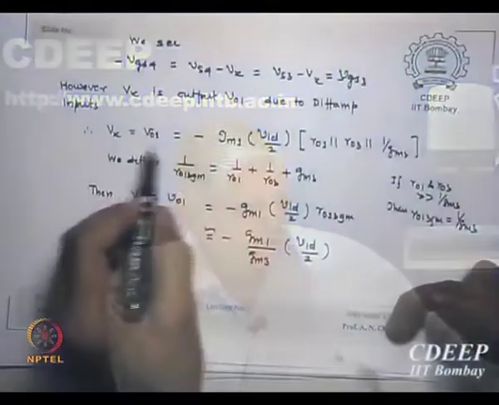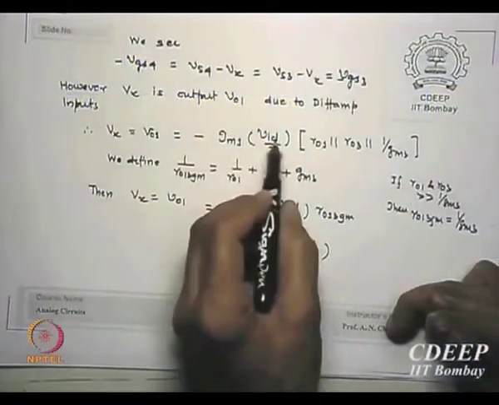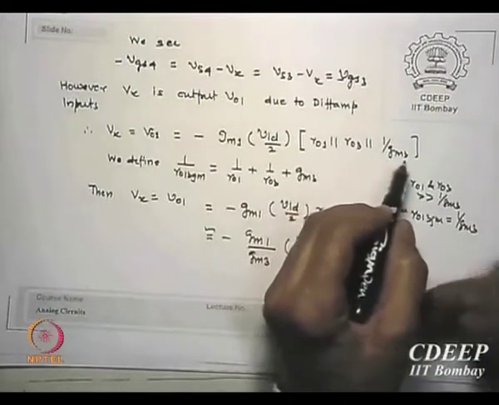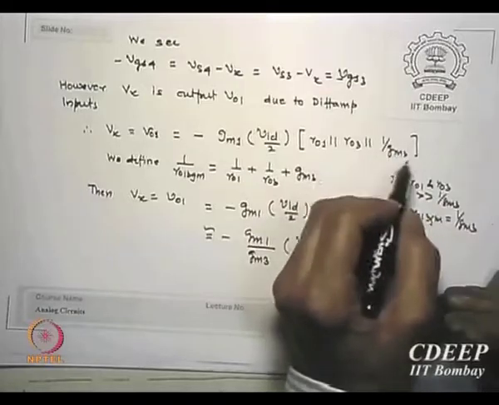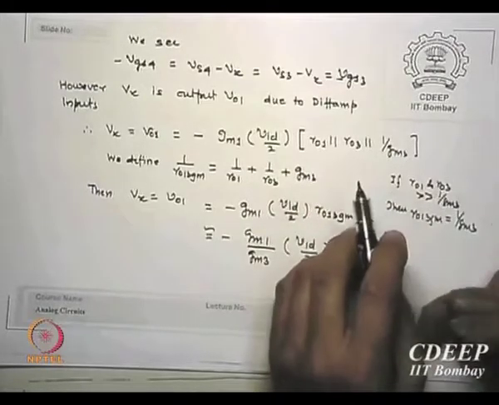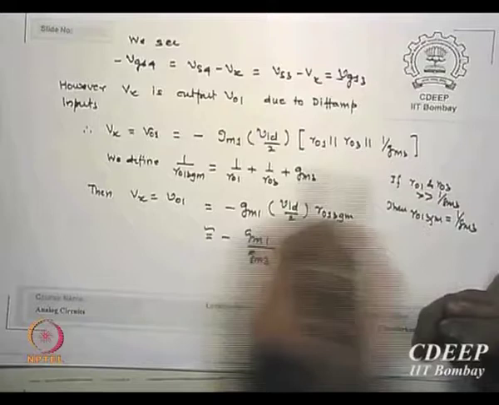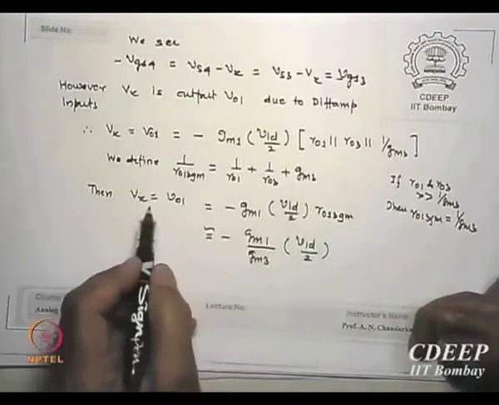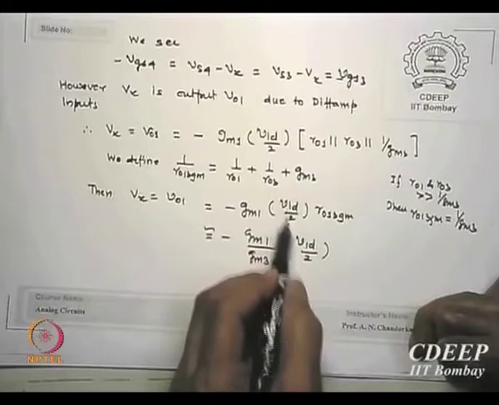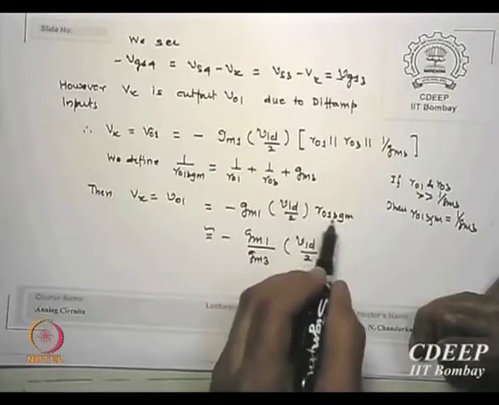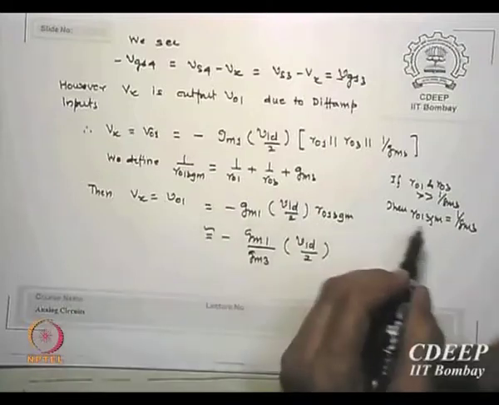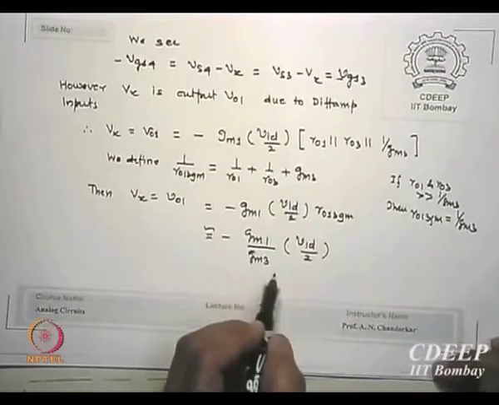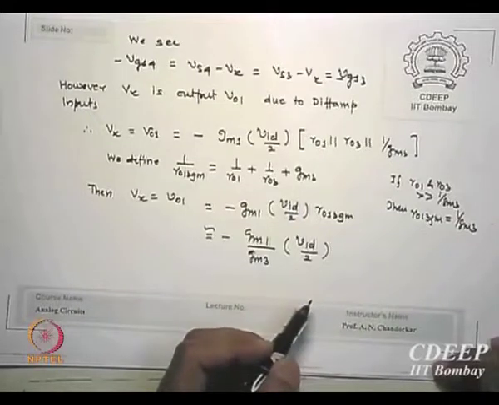So we know Vx is nothing but GM1 VID by 2 times RO1 parallel RO3, and for your case someone was asking, put 1 upon GM3 here also. Is that correct? If that's so, this is RO13. So Vx is minus GM1 VID by 2 into this. Since RO13 is normally equal to 1 upon GM3, Vx is minus GM1 by GM3 times VID by 2.